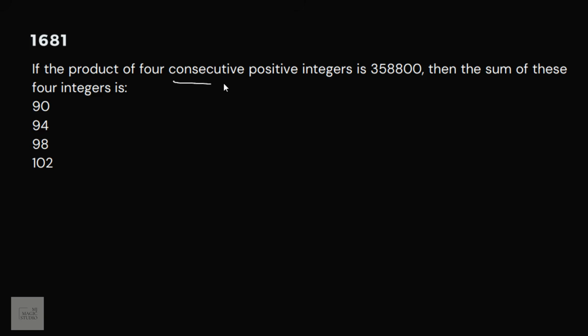If the product of 4 consecutive positive integers, so let the 4 consecutive positive integers be a minus 3d, a minus d, a plus d and a plus 3d with the gap of 2d.